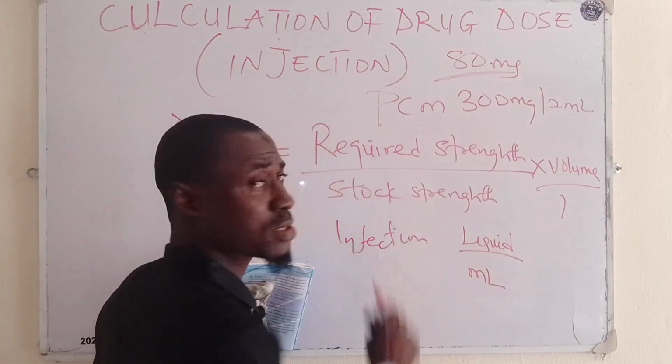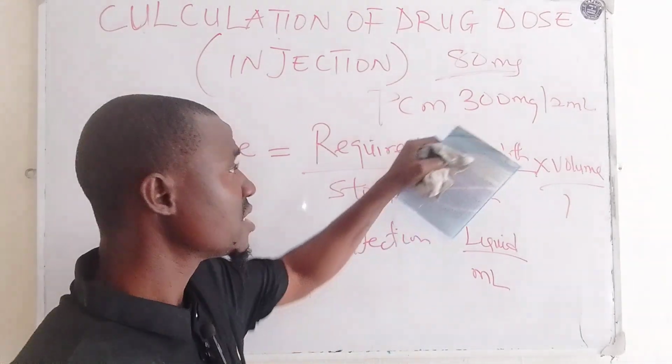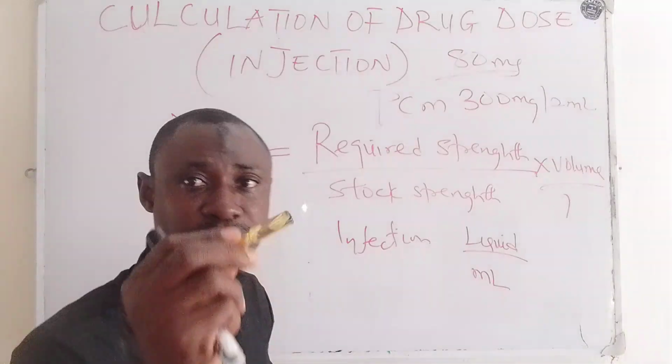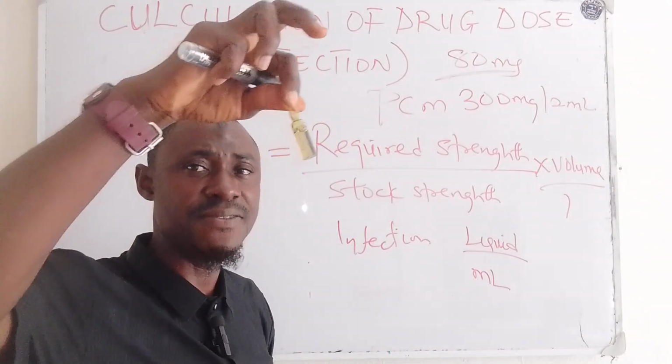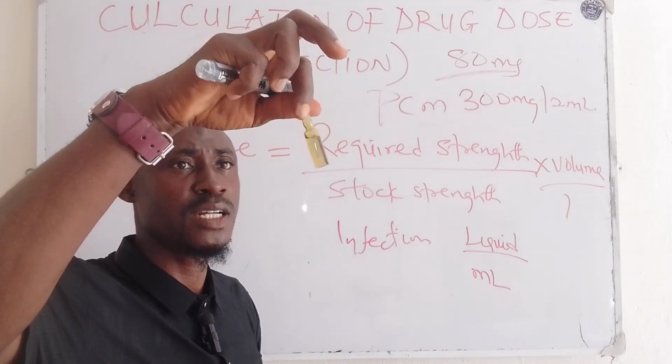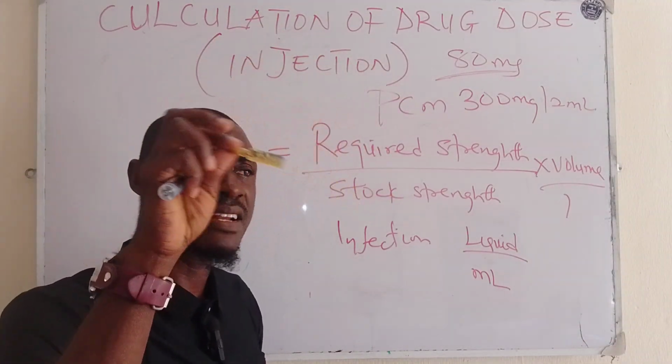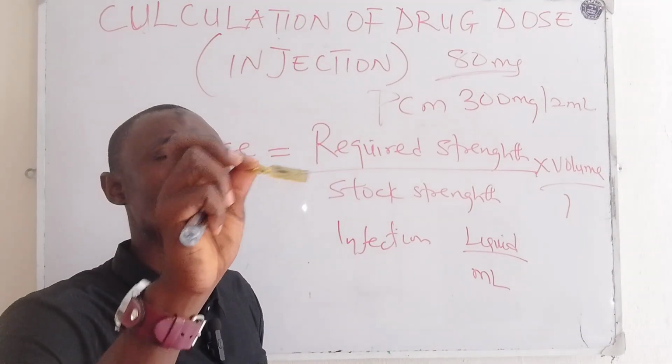This is the prescription. If I hand over this paracetamol injection and ask you to administer 80 milligram, it will be very difficult for you to bring out 80 milligram.